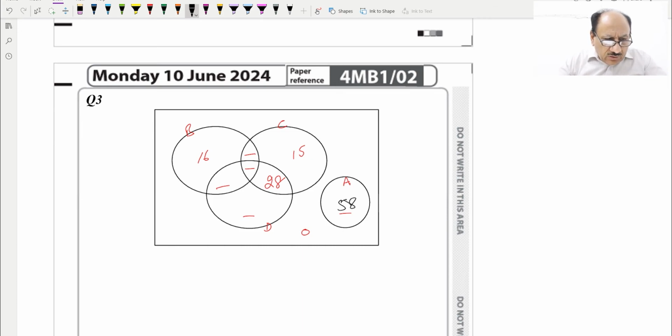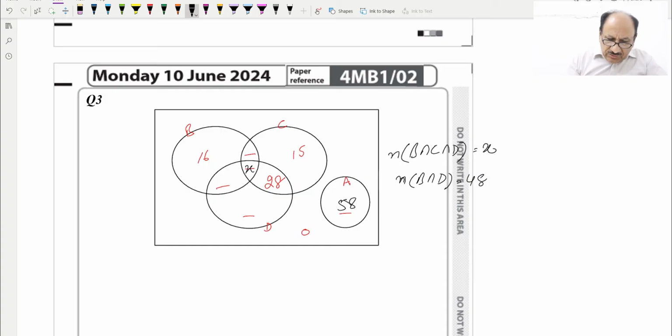But before that one we can go to B intersection C. They are saying n of B intersection C intersection D is equal to x. So this information we can write over here, which is x. And then they are saying, this information we have already taken, n of B intersection D is equal to 48. We need to write this also, B intersection D.